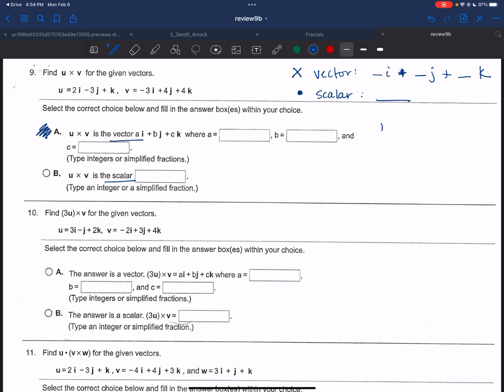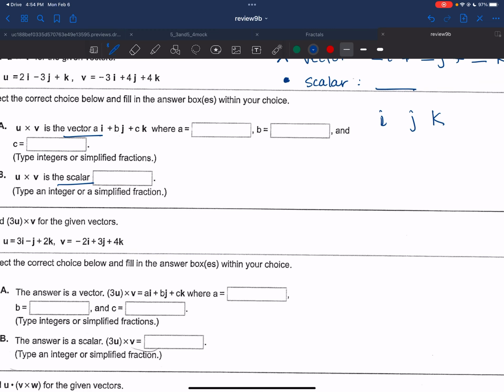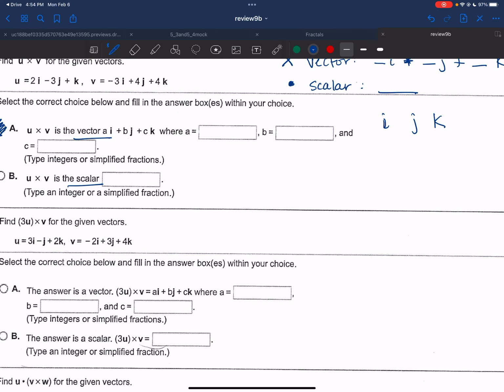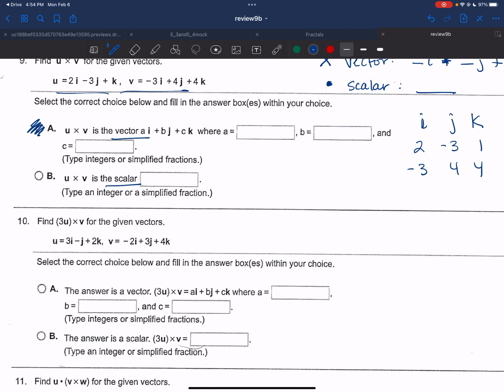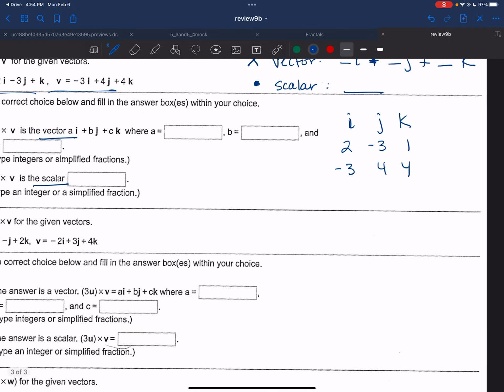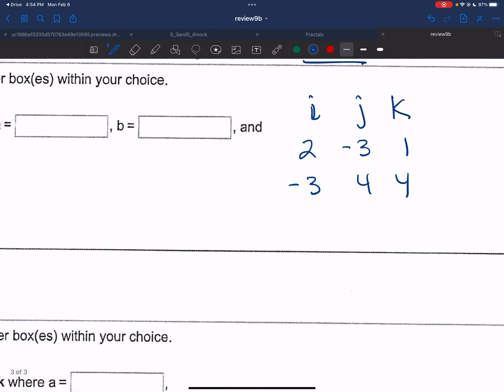And so I have i, j, k. And I'm looking at 2, -3, 1, and -3, 4, 4. So I'm looking at these here. So u cross v, get all my players here.